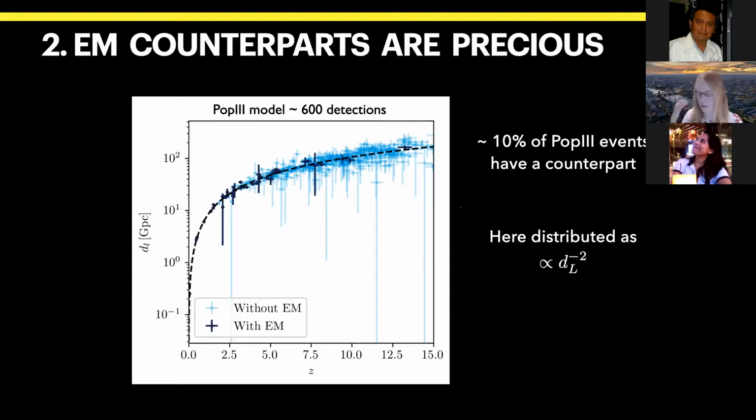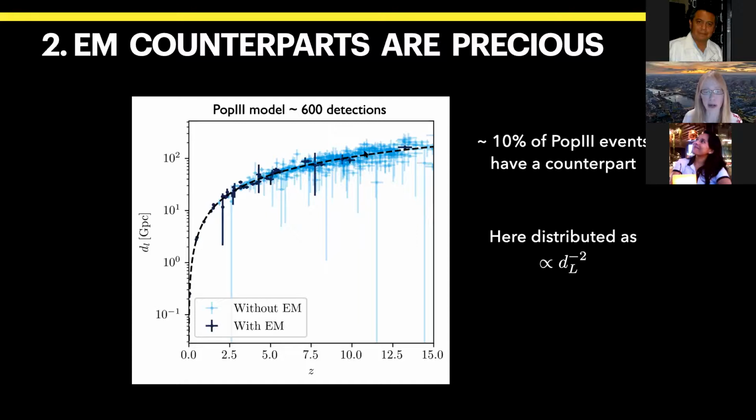By electromagnetic counterparts in this context, we're thinking of some kind of flaring in the center of the galaxy, maybe some quasar or AGN activity caused by gas in the center of the galaxy that's getting shocked and heated in the merger. And it's quite low. It depends on the model, but for POP3, for example, it's around 10% of events that are expected to have something like that. We don't actually know for certain.